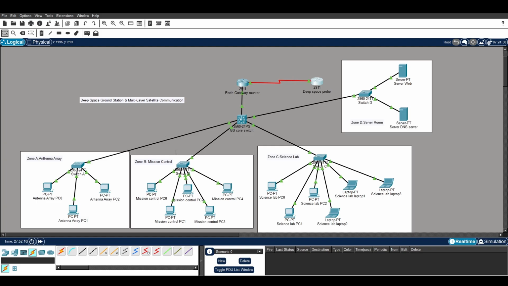So this is my early results. I just showcase this GS core switch, which is successful.